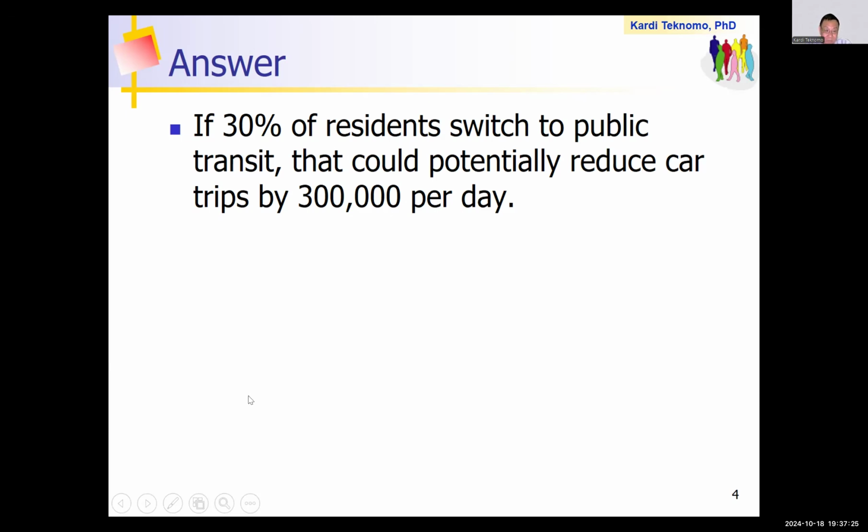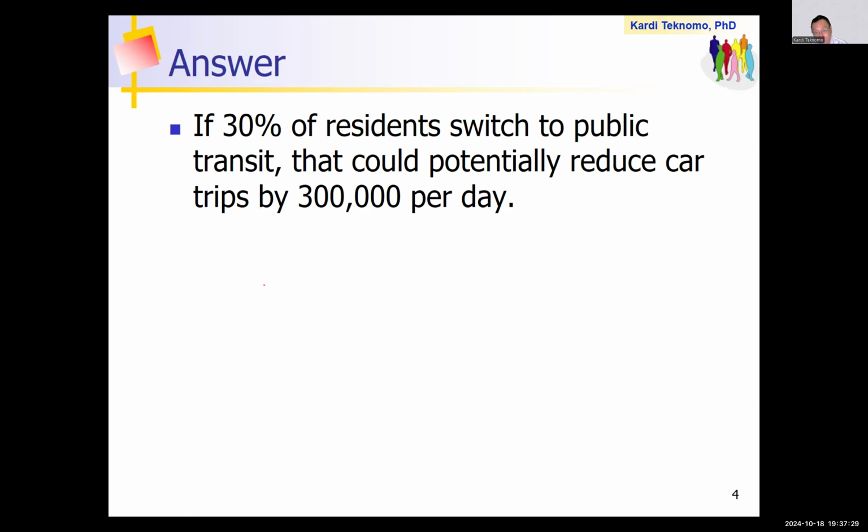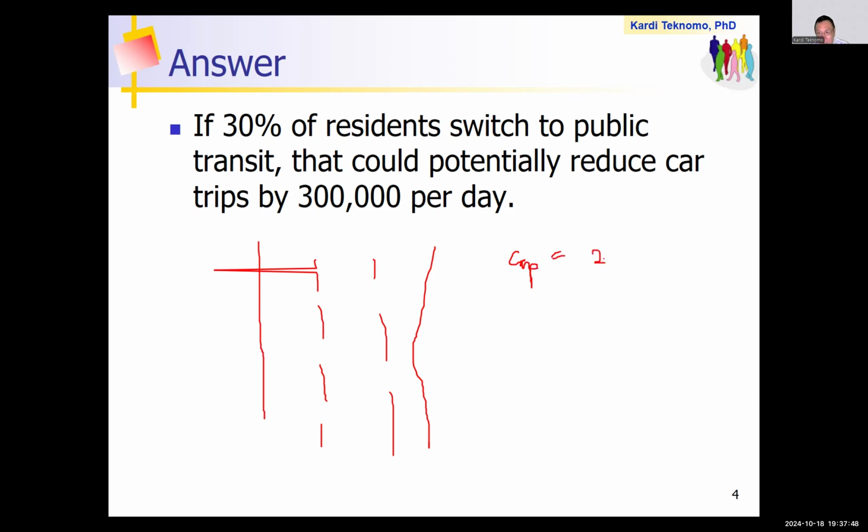So here is the simplified version. If you have a road, how many lanes? These are the lanes. Per lane, the capacity is about 2,000 vehicles per hour.